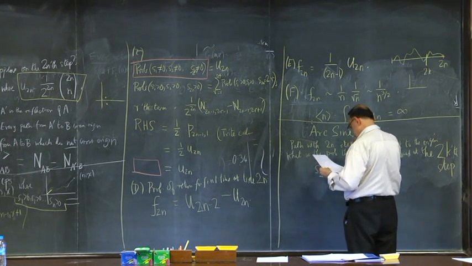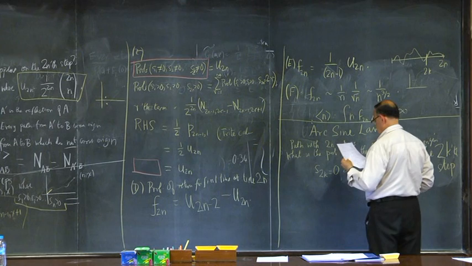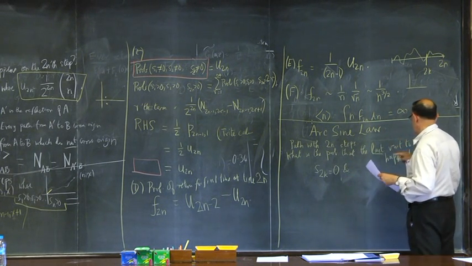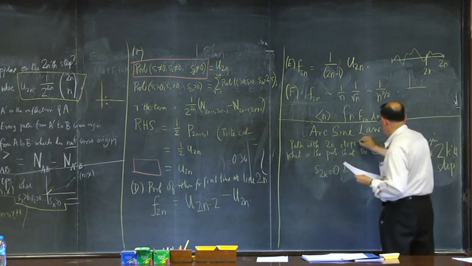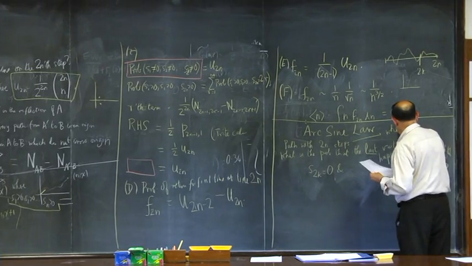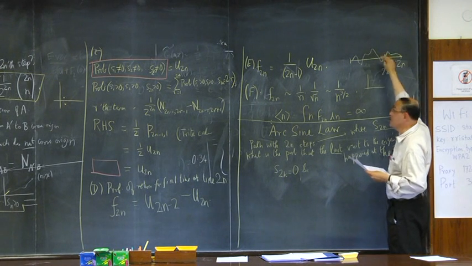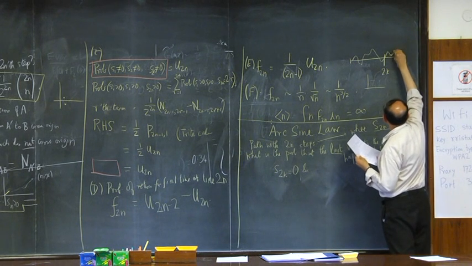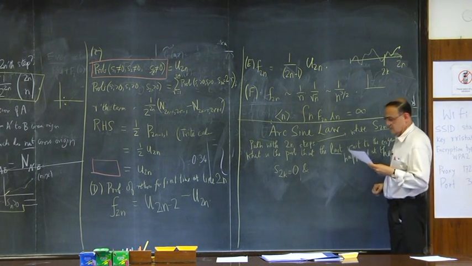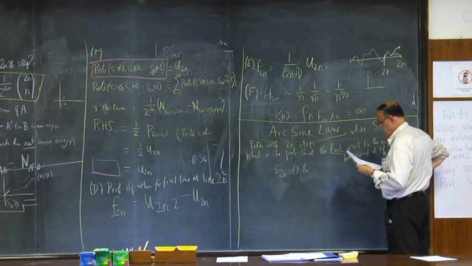Okay, let us suppose in this that S2n is positive. In other words, you reach a point which is definitely, sorry, not here, but there. Okay, a positive point. No, it's not at the origin.